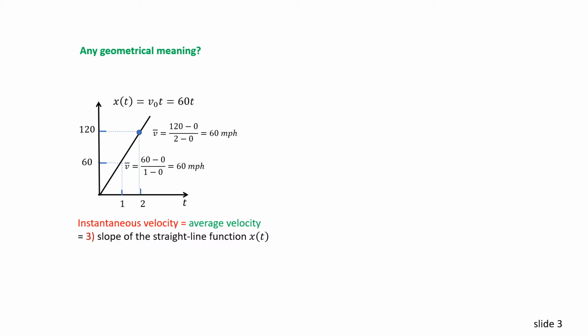And from the graph, it is apparent that they are also equal to the slope of this straight line. So actually, the slope here is universal to represent the derivative for any linear function, and linear functions appear to be straight lines on the graph.